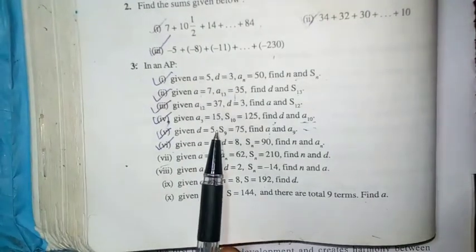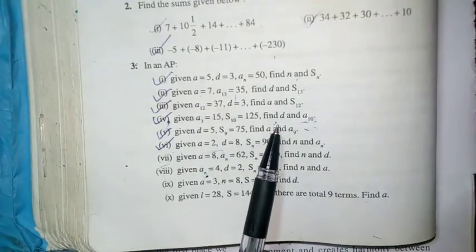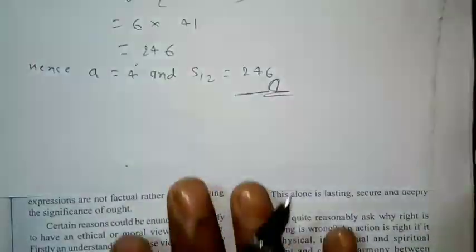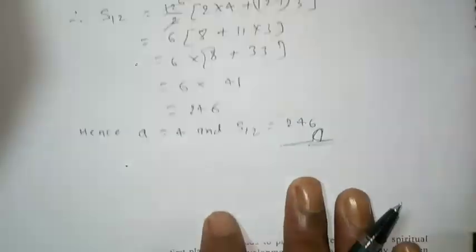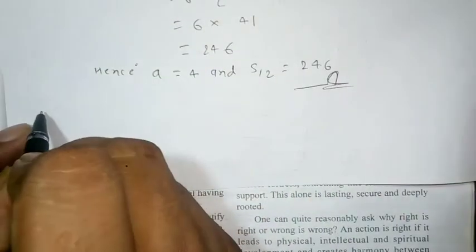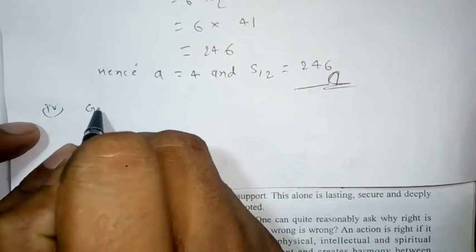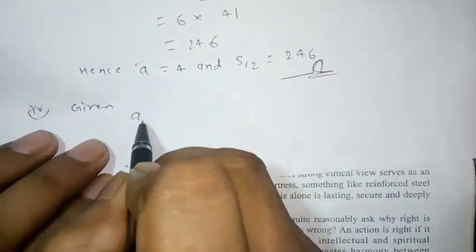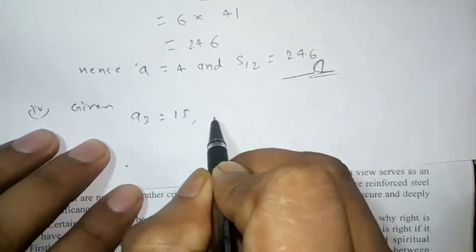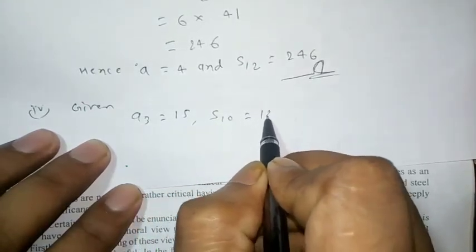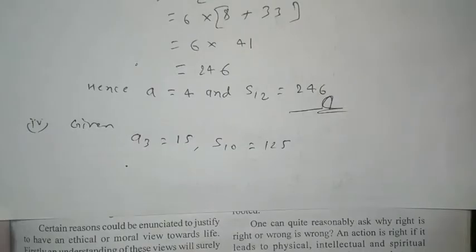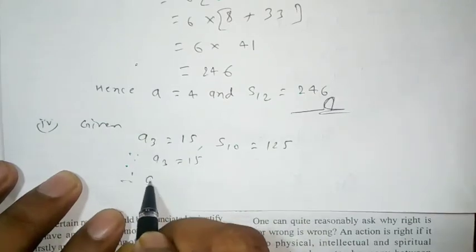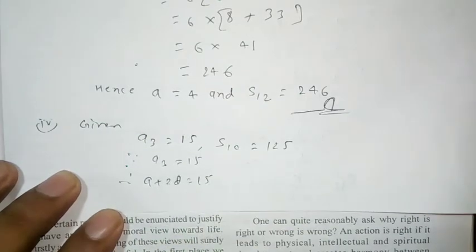The next question, question number 4. Given a3 is equal to 15, S10 is equal to 125, find d and a10. Because a3 is equal to 15, therefore a plus 2d is equal to 15.